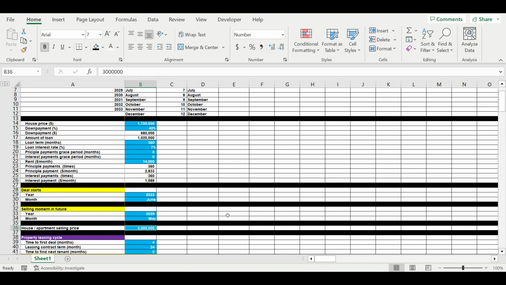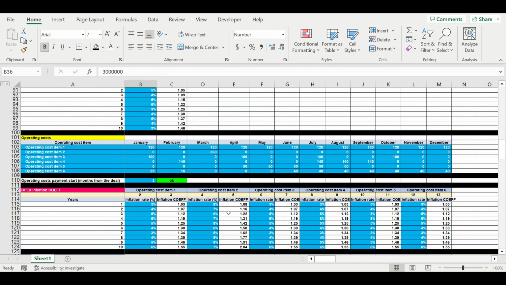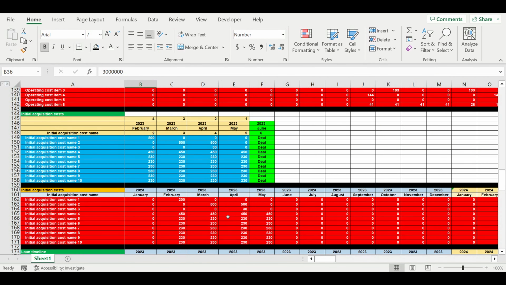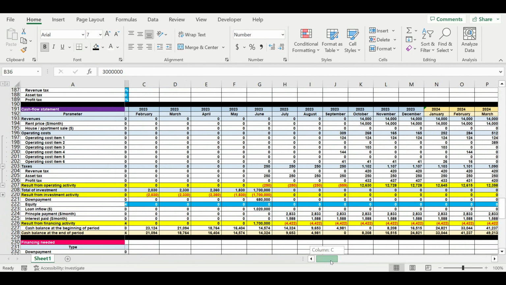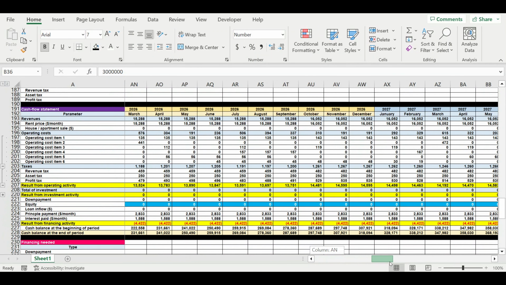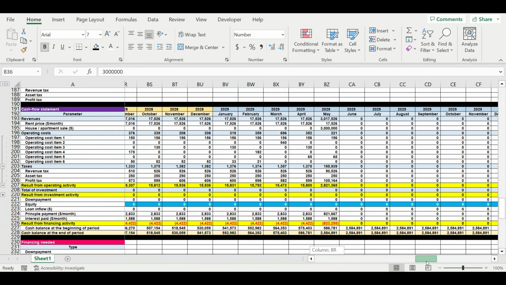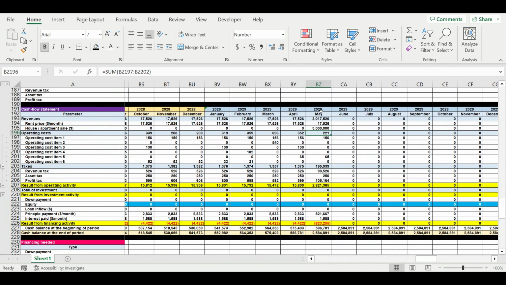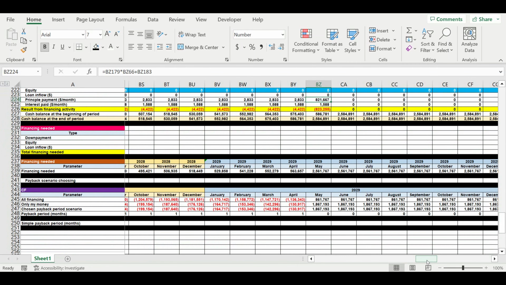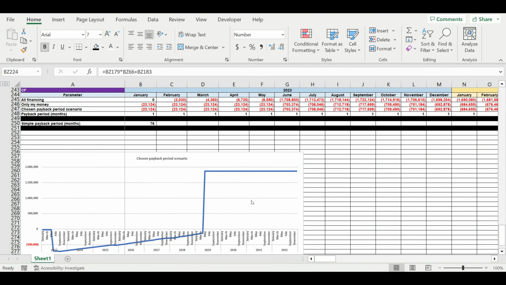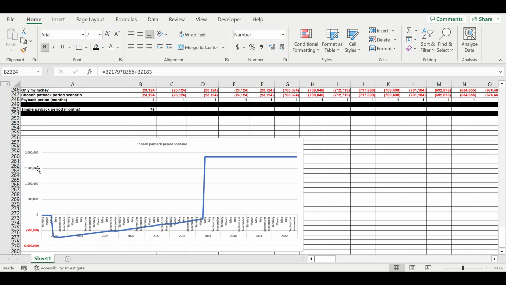So we can go back. First of all, let's go to the cash flow statement and see that in May 2029 we get rid of our real estate, pay the rest of the principal that we owe to the bank, and now we can look at the diagram, and this will have the view like this.